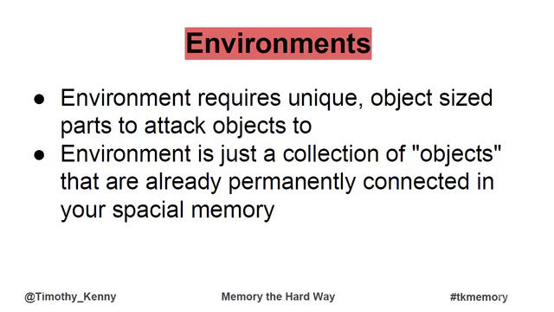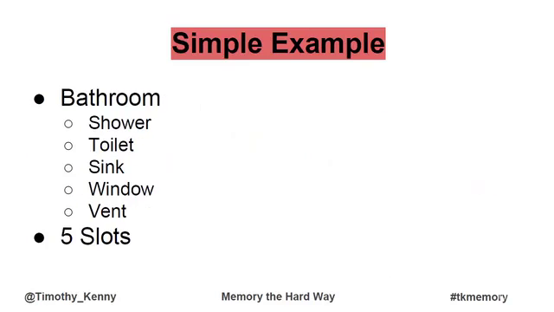And we're going to be talking about unique contours more. So an environment is really just a collection of objects that are permanently connected together in a certain configuration in your spatial memory. You're best off taking a picture or a video of each environment that you want to use, or drawing it out by hand, so that it's something permanent. So even as things change, you're still storing it in a singular form that's unchanging.